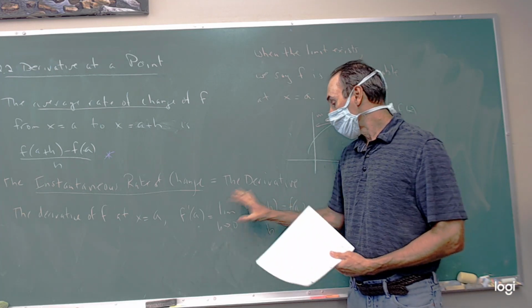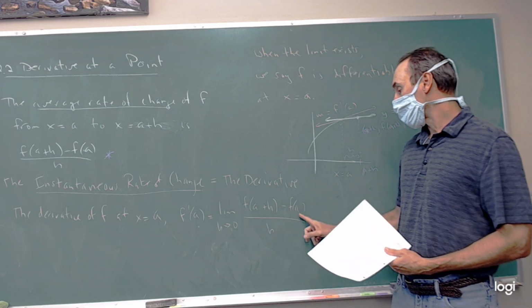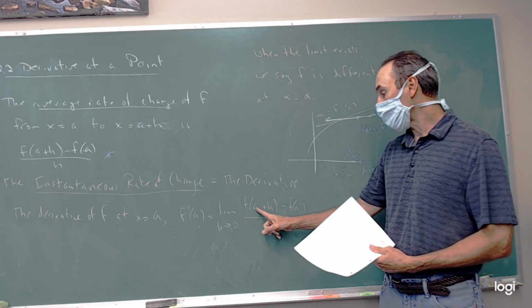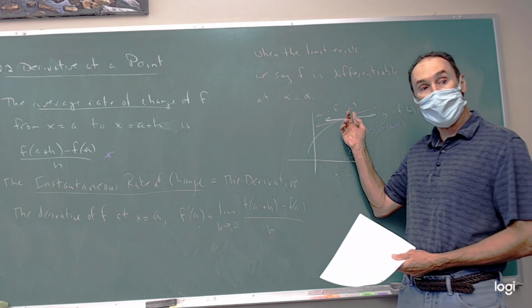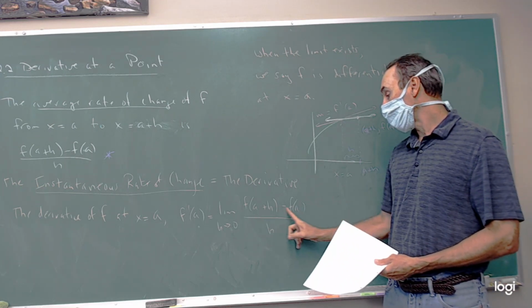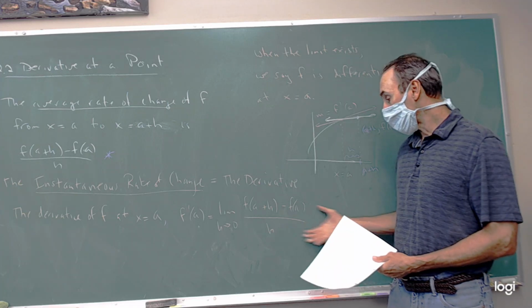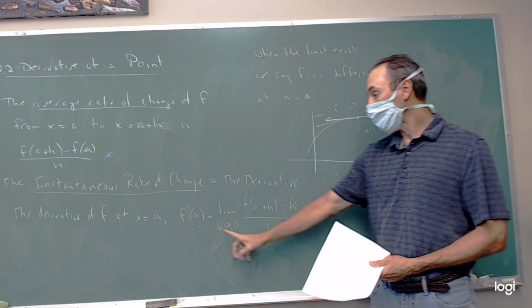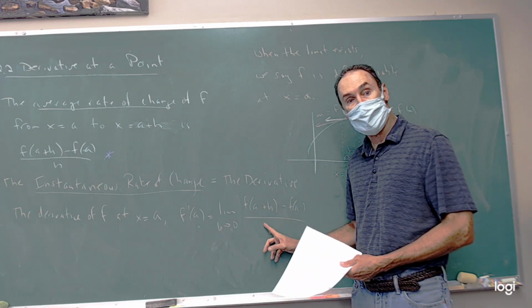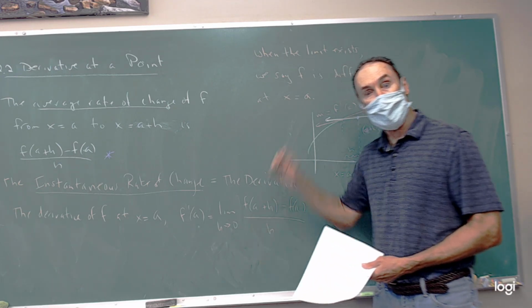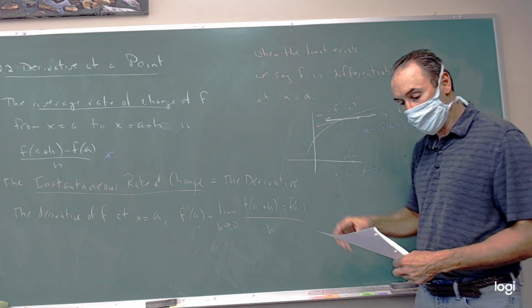So we're going to do this kind of stuff with these limits. Sometimes with this being a number, and we're going to find the actual derivative at a particular point. Sometimes we're going to do that with this being an x, in which case what we're going to get is an f prime of x, a new function from the old function. So there are two different ways of going about that.